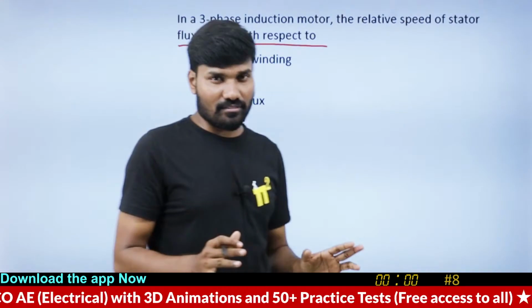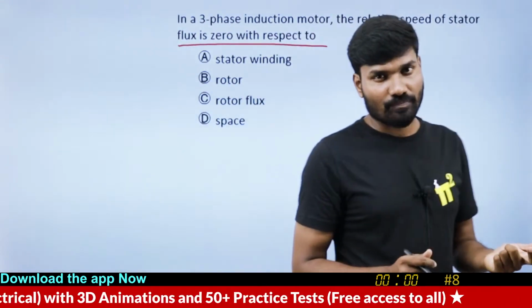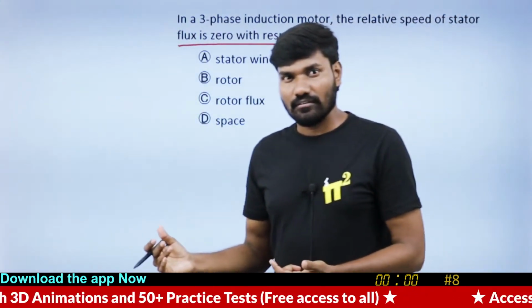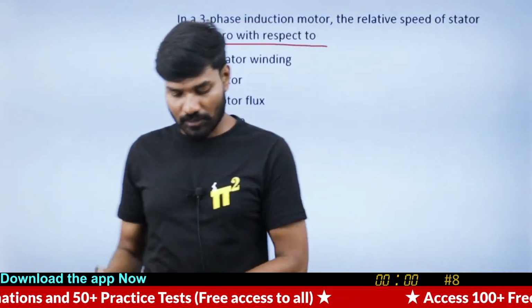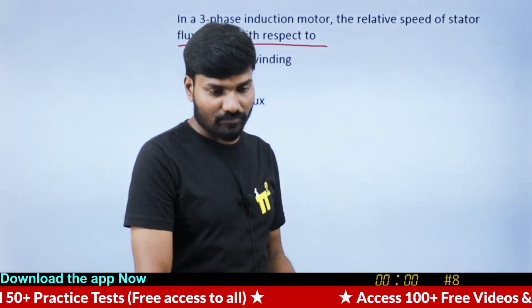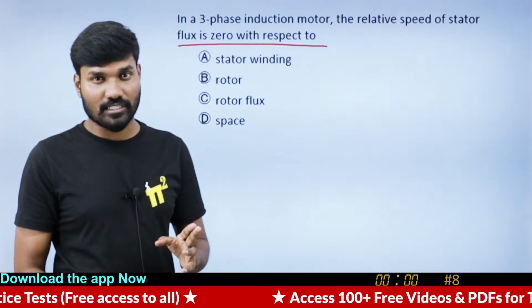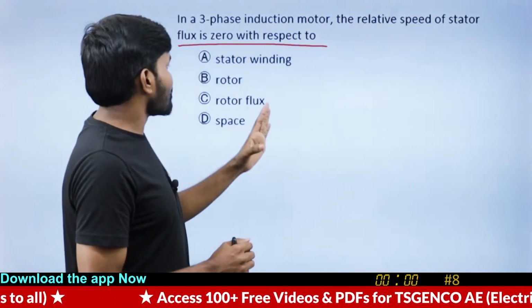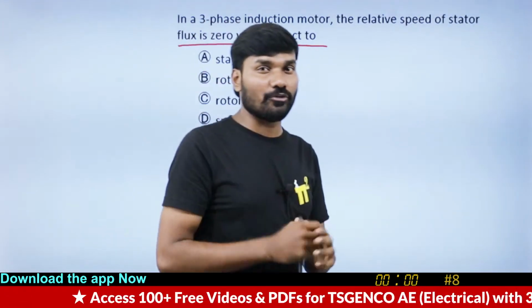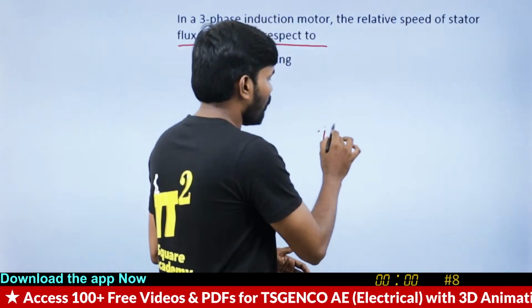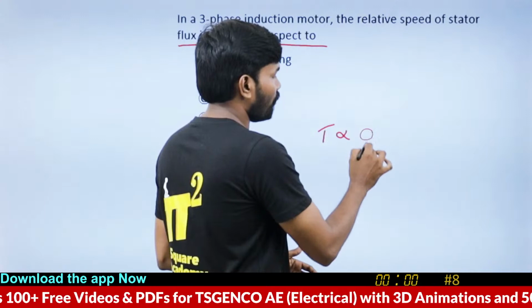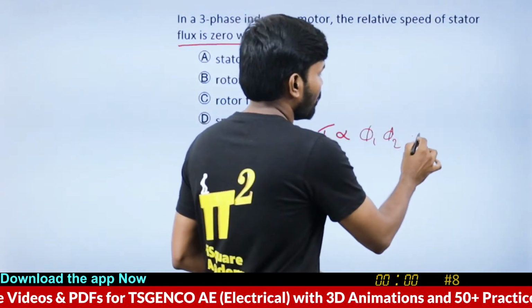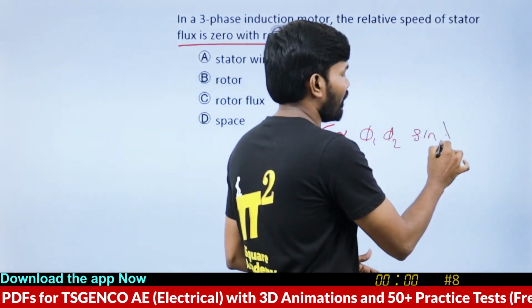Okay, most of the cases. There are some exceptions, of course, if it is a reluctance motor. There are some exceptions, but in most of the cases, 2 fluxes must be there. And both the fluxes must be stationary to each other because of the torque formula: torque is proportional to phi1, phi2 sine lambda.